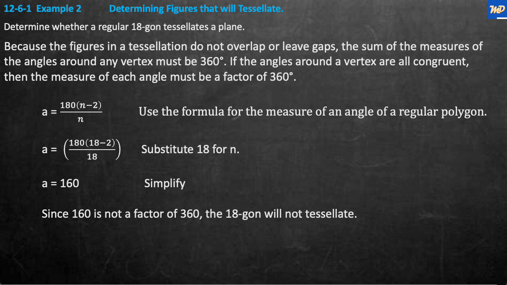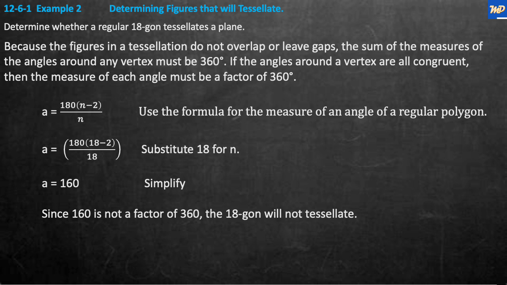So if it's a regular 18-gon, an 18-sided figure, then the angle of rotation is found by 180 times the number of sides minus 2, divided by the number of sides. That's the regular formula for the measure of an angle of a regular polygon.